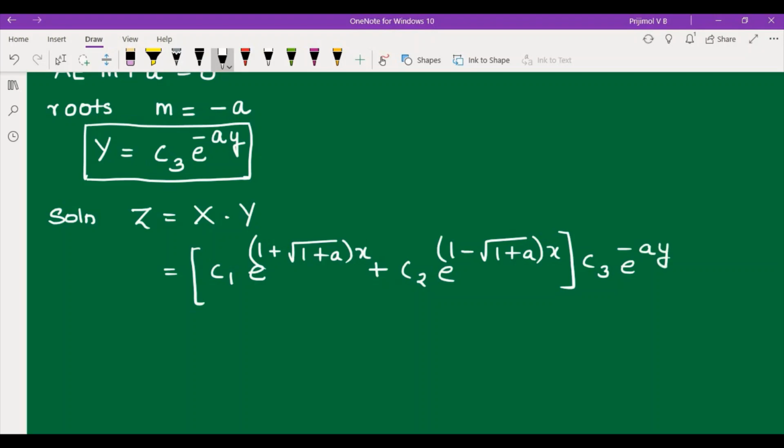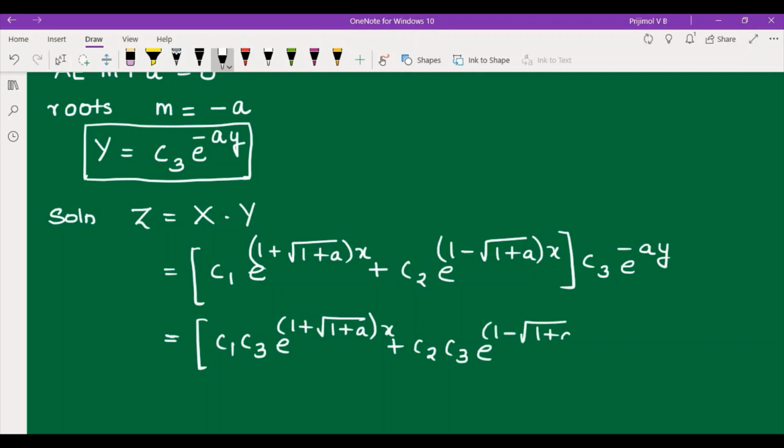Now I am multiplying C3 inside this bracket, so you will get C1 C3 e raised to (1 plus root of 1 plus a) into x plus C2 C3 e raised to (1 minus root of 1 plus a) into x, into e raised to minus ay.